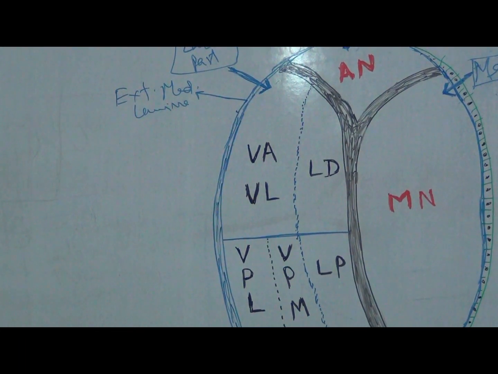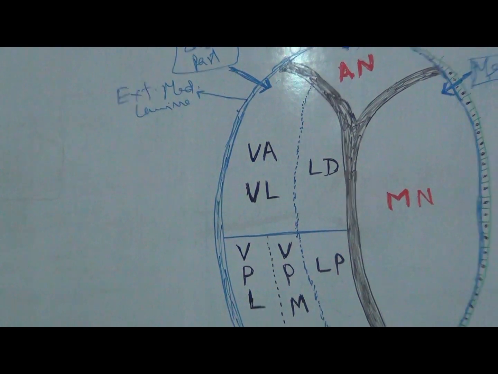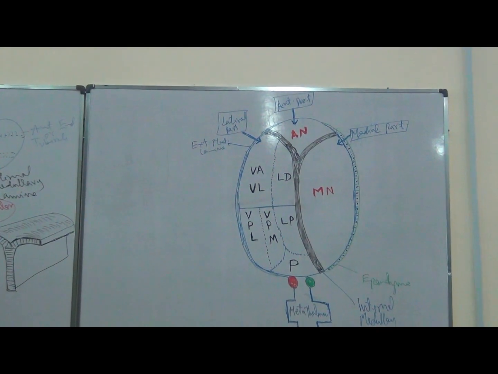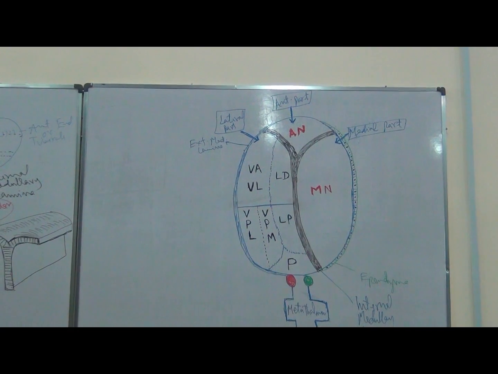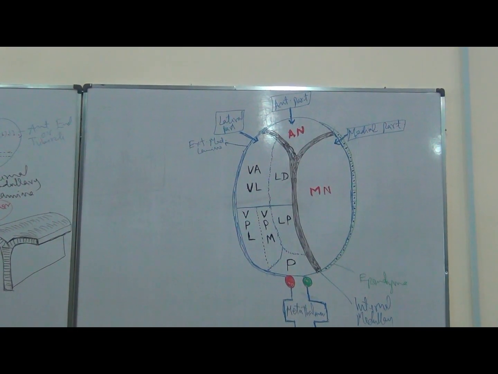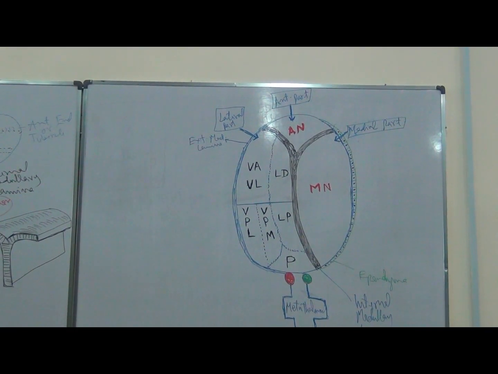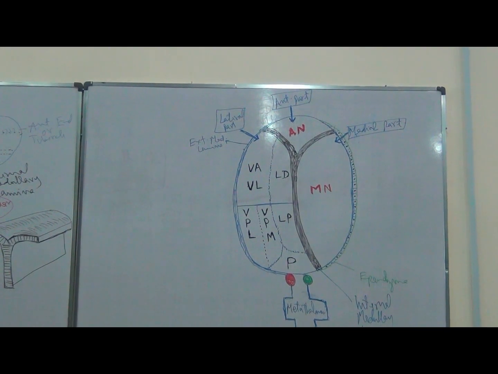So this horizontal section of the thalamus shows the various surface features, the internal medullary lamina, and three subdivisions occupied by different thalamic nuclei.